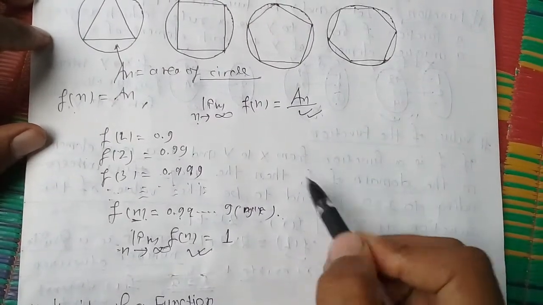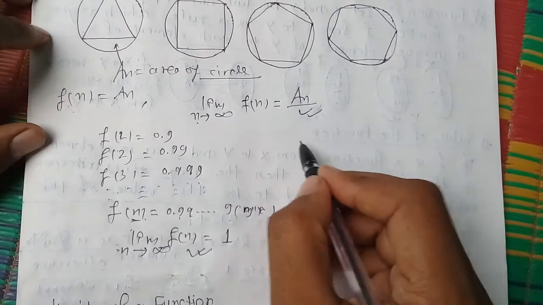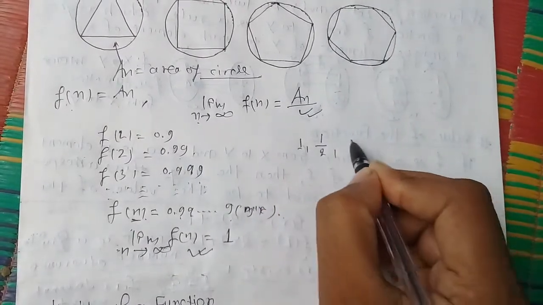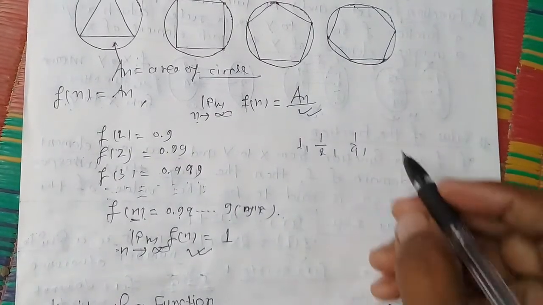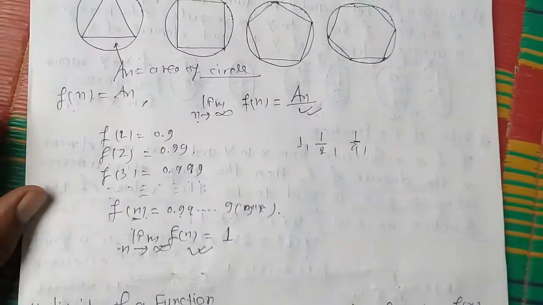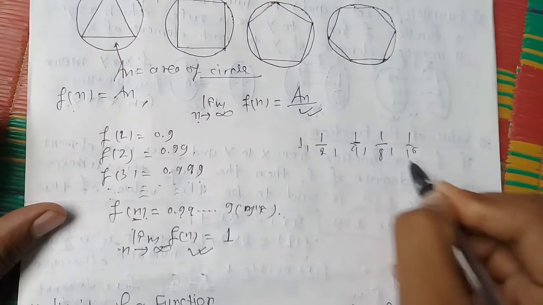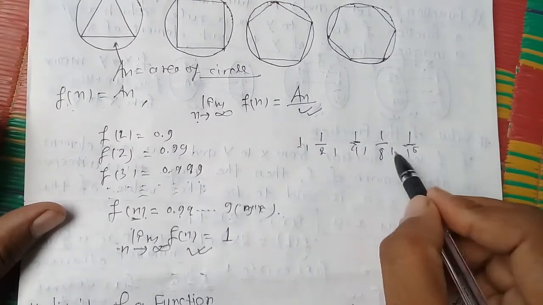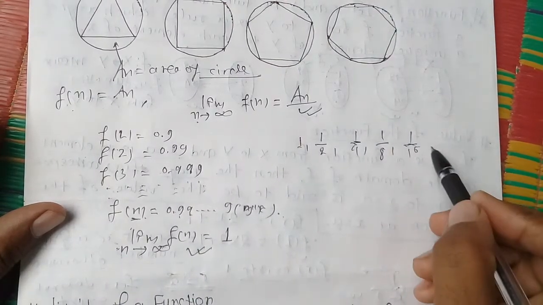Next, another example: if we have a series 1/2, 1/4, increasing this sequence, in every term it goes on being half.